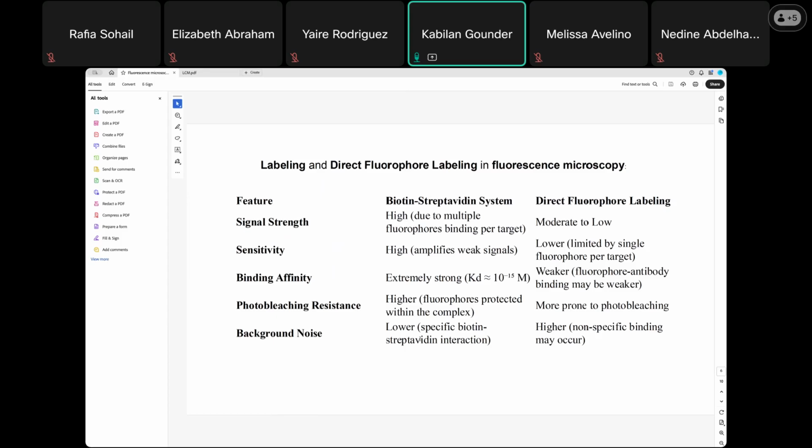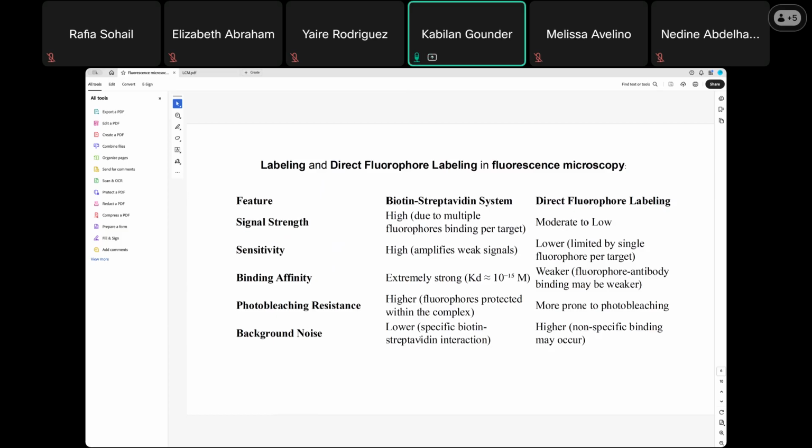Whereas the direct method is moderate to low. So the sensitivity is very high and even amplifies the signal, whereas here it is lower. Also the affinity: the biotin-streptavidin system binds extremely strongly compared to direct fluorophore labeling.